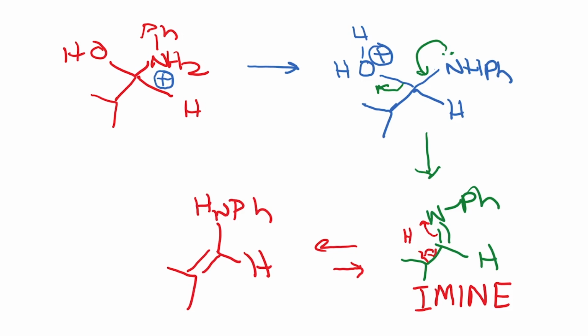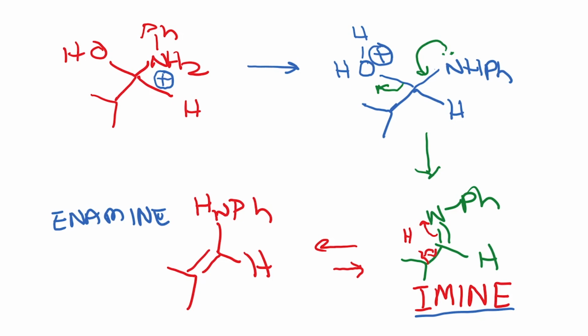This intermediate is called the enamine. Just to revise this concept, you have the formation of an imine, which is shown here, and then you have the formation of an enamine. Again, you can go back to your textbook. This is in the formation and reactions of enols and enolates, and you can go back and look at it. So this is what happens when we start with a primary amine.